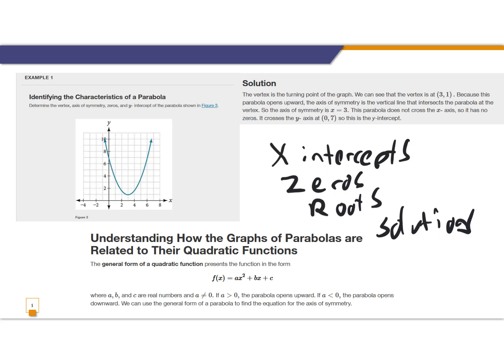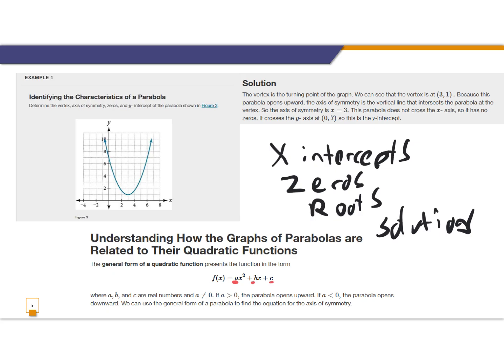So when I write the equation, I can write f of x or g of x or whatever, ax squared. And the question is, well, what does a mean? Well, a is just a number, and it could be a 1. But it can't be a 0 because then it wouldn't be a quadratic. B is just another number, and C is another number.